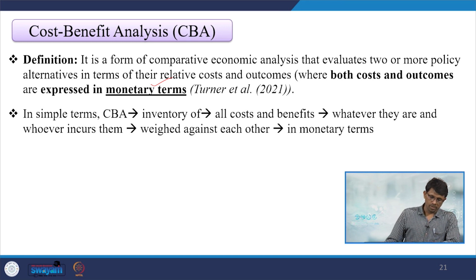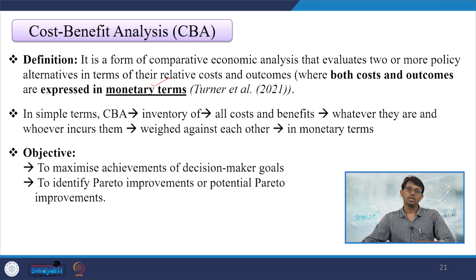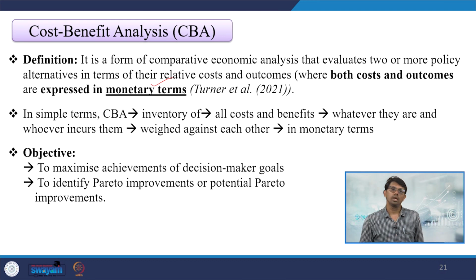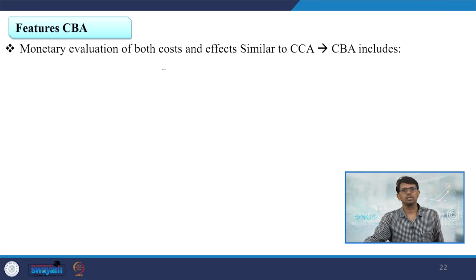In simple terms, CBA counts all costs and benefits, whatever they are and whoever incurs them, and these are weighed against each other, especially in monetary terms. The specific objective of CBA is to maximize achievement of decision making goals and to identify Pareto improvements or potential Pareto improvements.